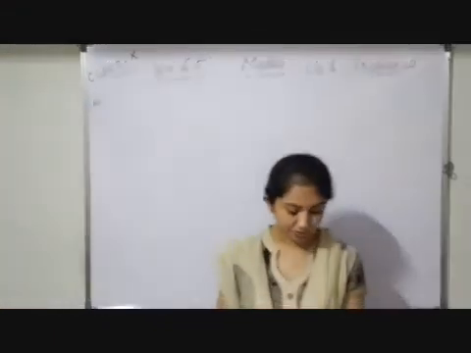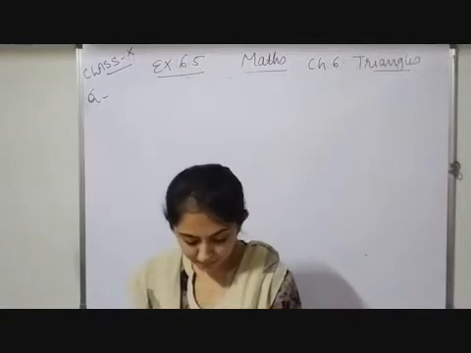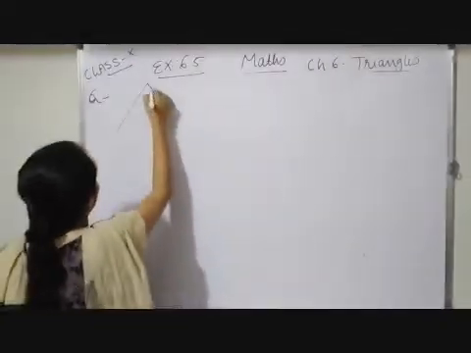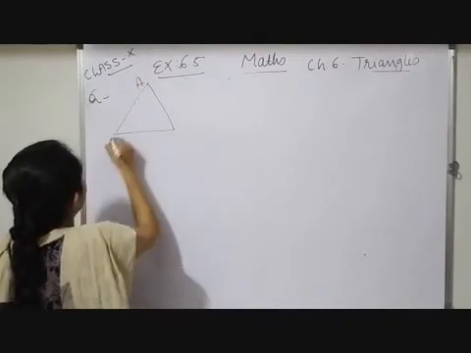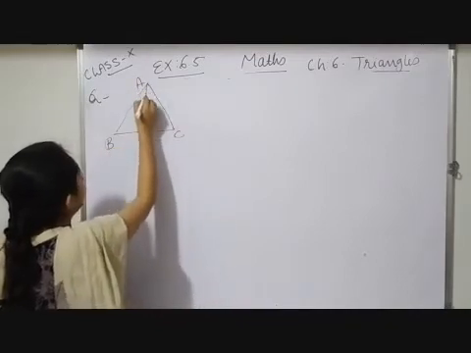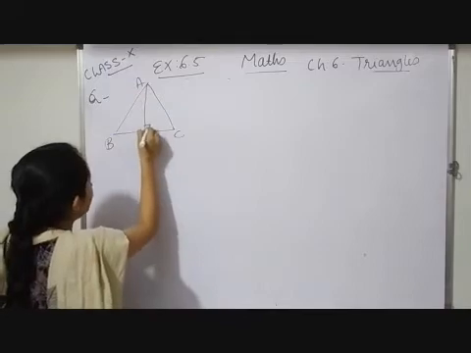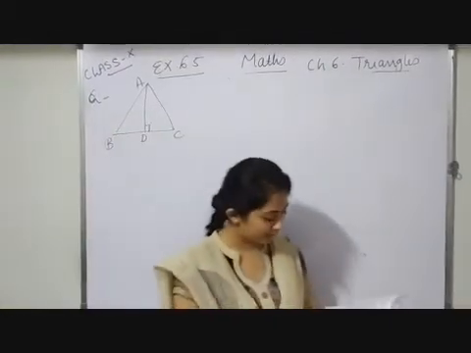The perpendicular AD on base BC of triangle ABC. So let me draw first of all triangle ABC. Perpendicular AD on base BC, it means here it will form a 90-degree angle.